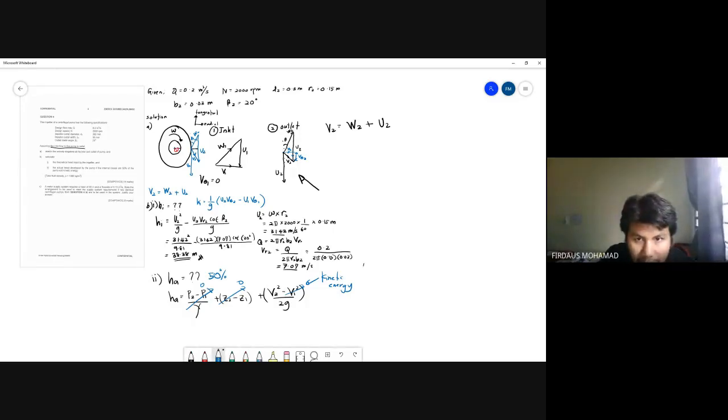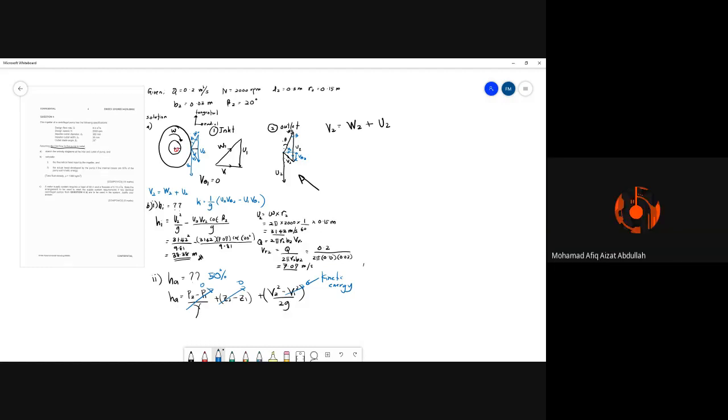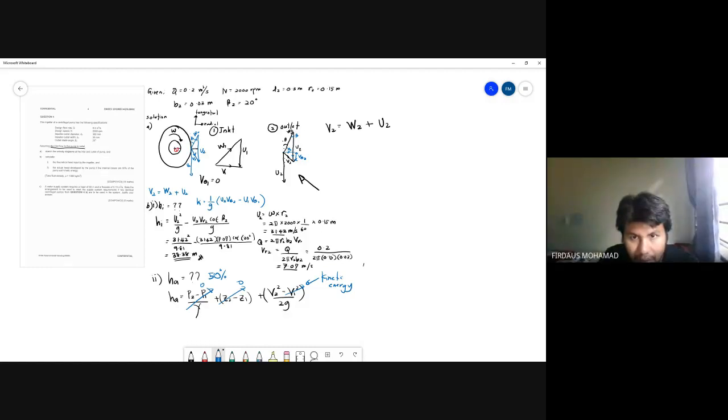So how to find W2? Okay, so this is beta. Here also beta, betul? Ke sini beta, ke sini pun beta, betul? W2 equal to apa ni? Let's say kita guna cos ataupun guna sin.